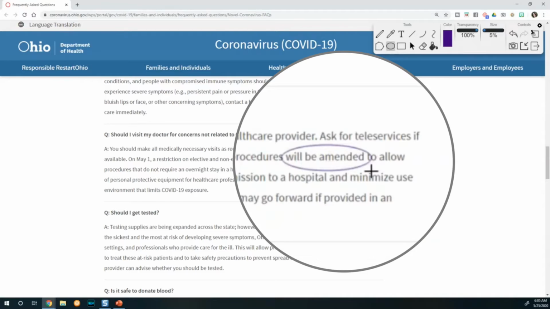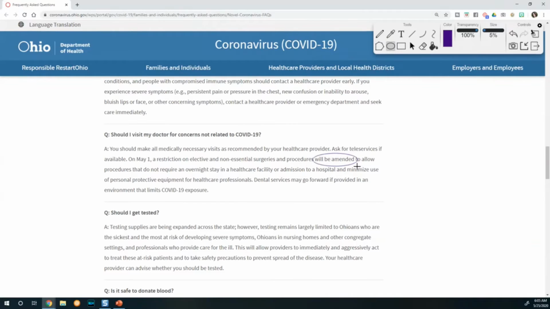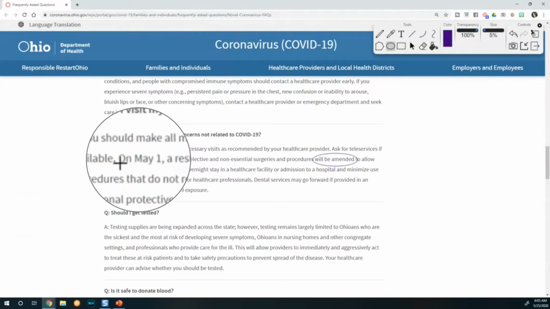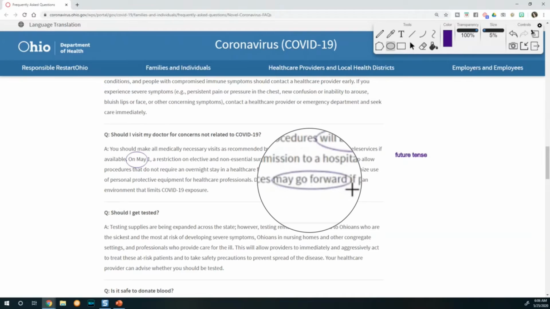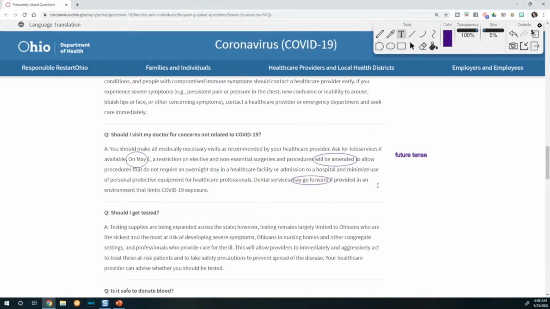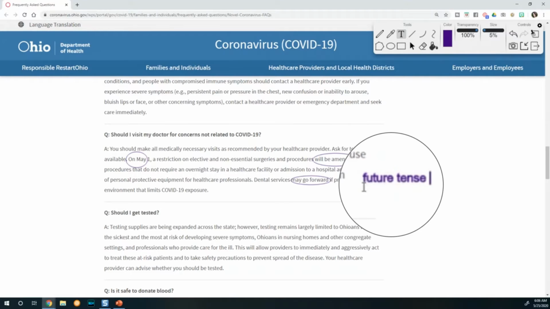All right. So here we are seeing our modal, and here we see a time word that is helping us understand the tense, and the tense that we see here is future tense. Then we see may go forward, and this again is helping us think about the future.